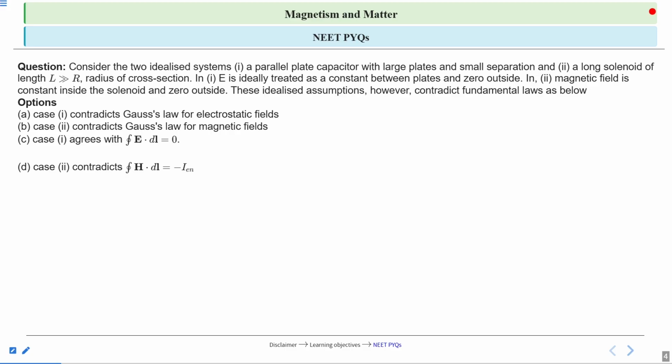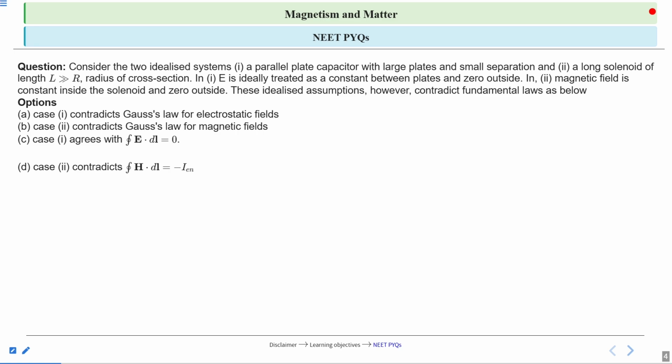So options are: A, case 1, that is, electric field is ideally treated as constant between the plates and zero outside, contradicts the Gauss law for electrostatic fields. Is it correct or not? And B option is case 2. What is case 2? Magnetic field is constant inside the solenoid and zero outside.